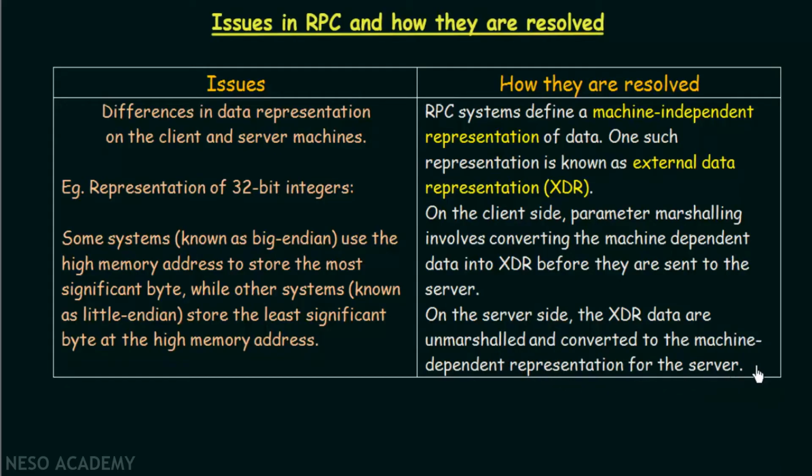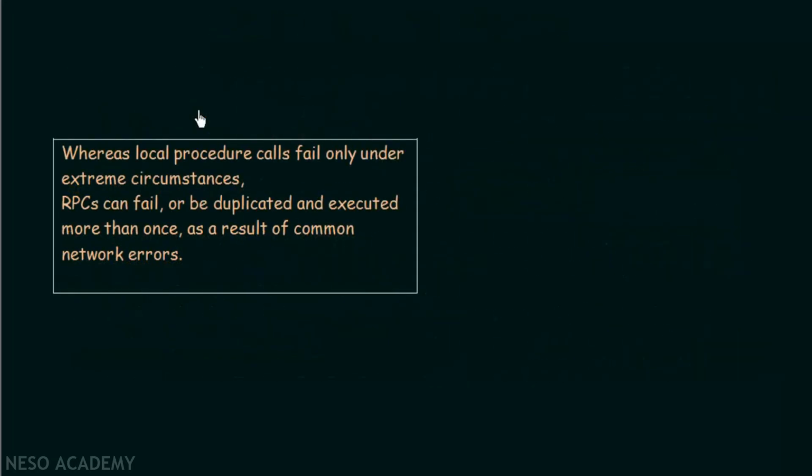So the data from the client is converted into an XDR format before they are sent to the server. And when the server receives that, it is unmarshaled and converted back from the machine independent form to the machine dependent form, and it is given to the server. So that is how the issue of difference in data representation on the client and server machines is solved in an RPC. Now let us come to the next issue.